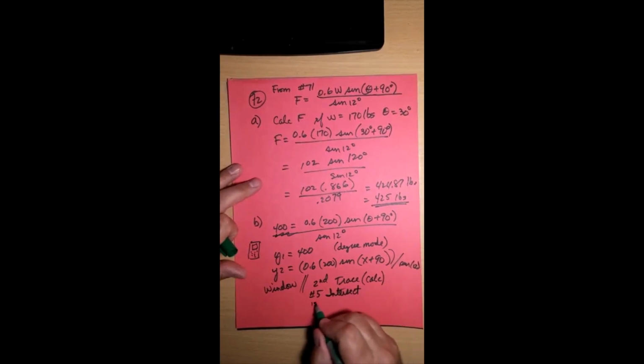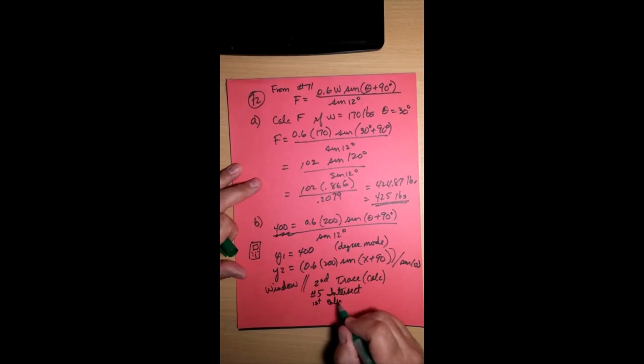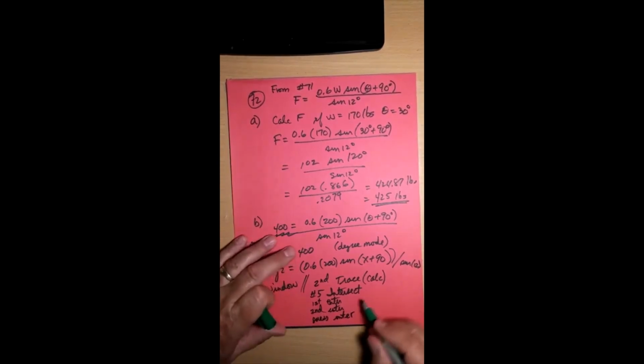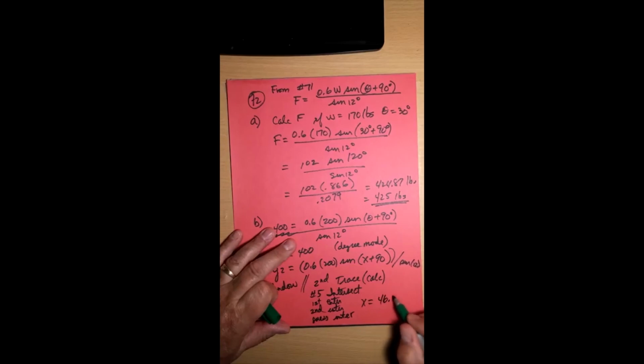First curve, press enter. Second curve, press enter, because you only had 2 curves on there. For the guess, use your arrow keys to get close to where they cross and press enter. You should get theta, I guess our x, is 46.1 degrees.